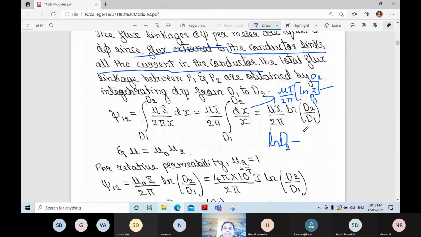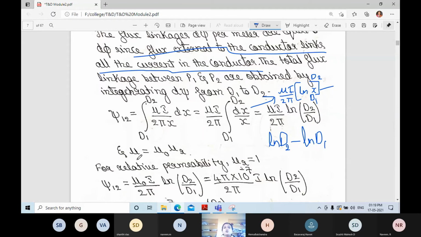There is a formula: log a divided by b is equal to log a minus log b. The same thing they have applied here. ln d2 minus ln d1 can be written as ln d2 divided by d1.